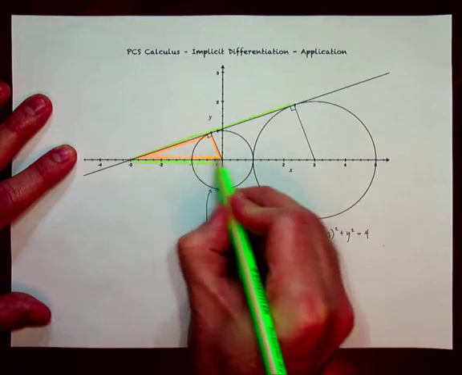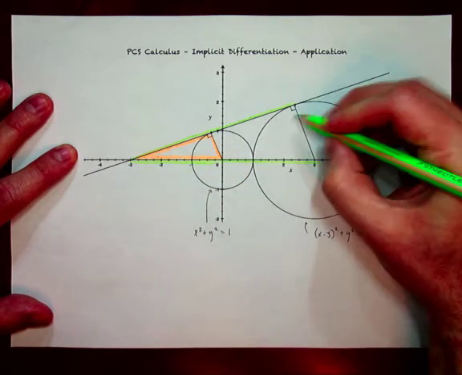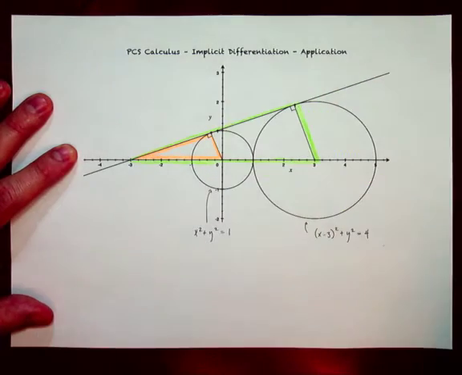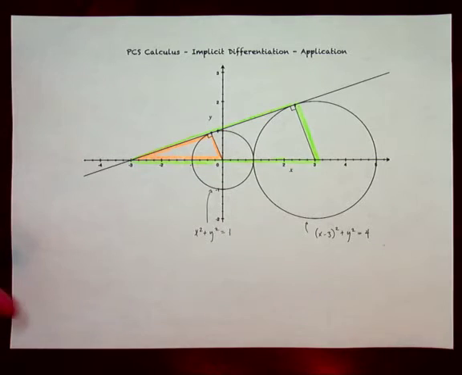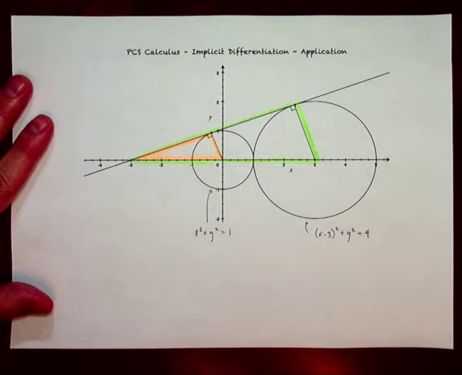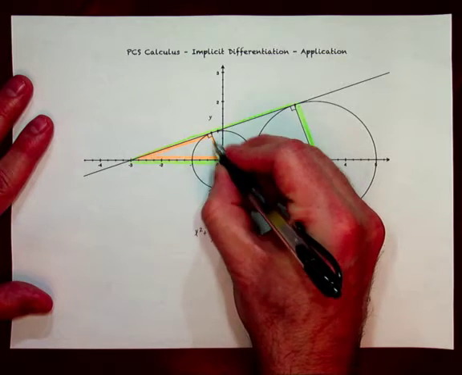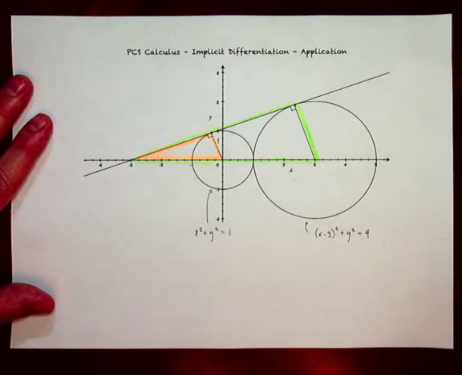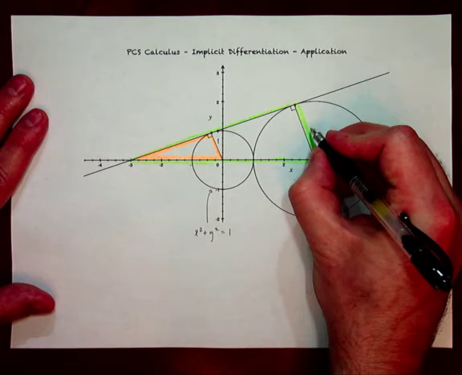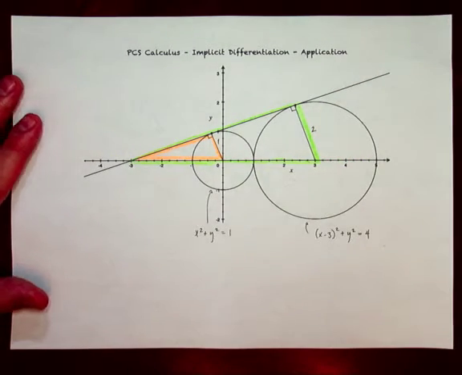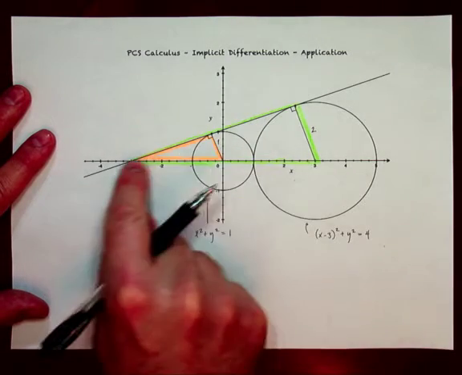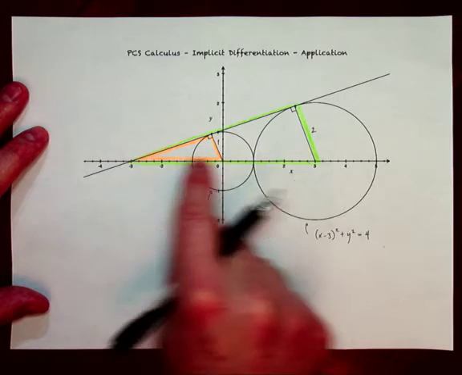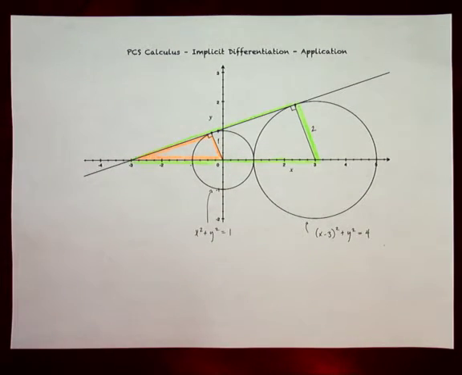If they're similar right triangles, remember that means their sides are proportional. I already know two of the sides. Because this has to be a radius, going from the edge of the circle through the center, this is 1. I also know that this is 2. So every single side of this smaller triangle is half of the larger triangle.